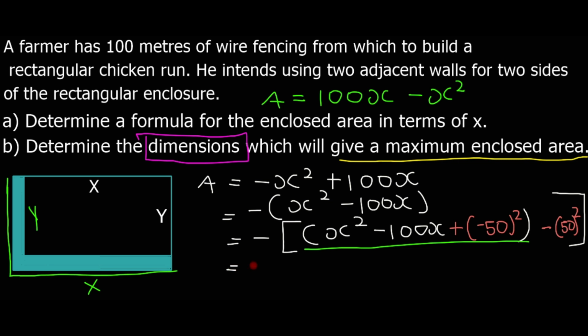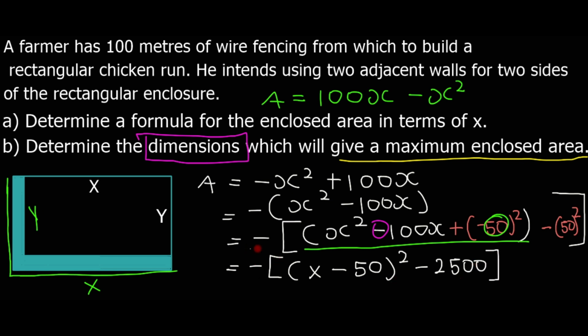We say we have negative, and then this is x, and then always we take this sign, we say this is minus, and then we take this one, we say over 50 and then all squared, and then from there this one you can press on a calculator. 50 squared over 2500. We say we have negative 2500. So from there I want to multiply by this negative, let me create space here.